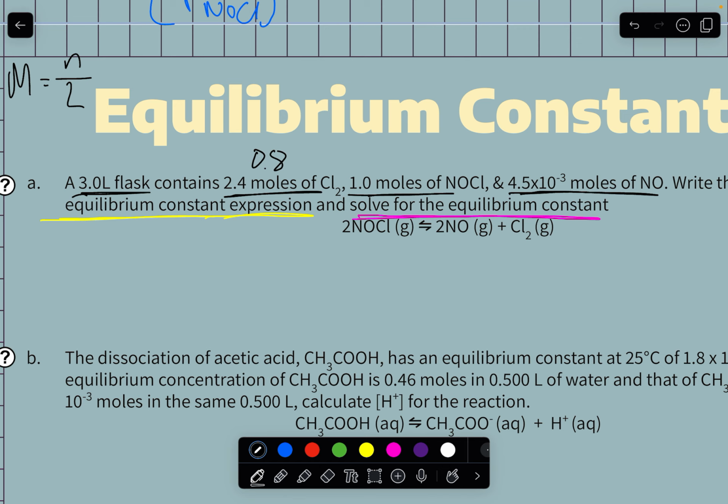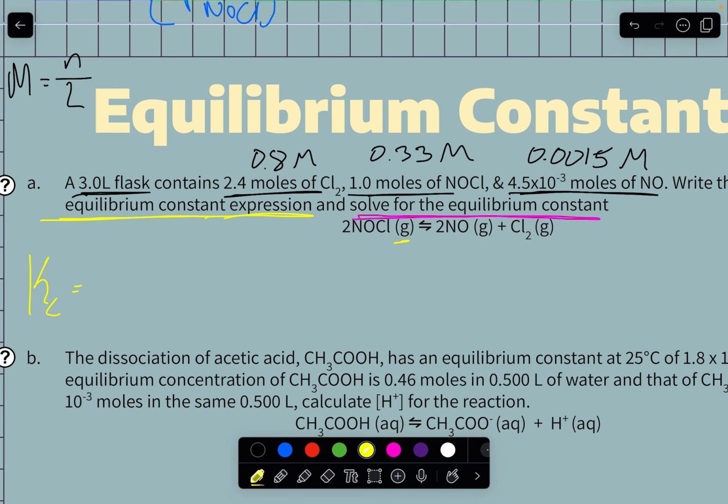For NOCl, 1 divided by 3 is 0.33 molar. And then for NO, we have 4.5 times 10 to the negative 3 divided by 3. That's 0.0015 molar.